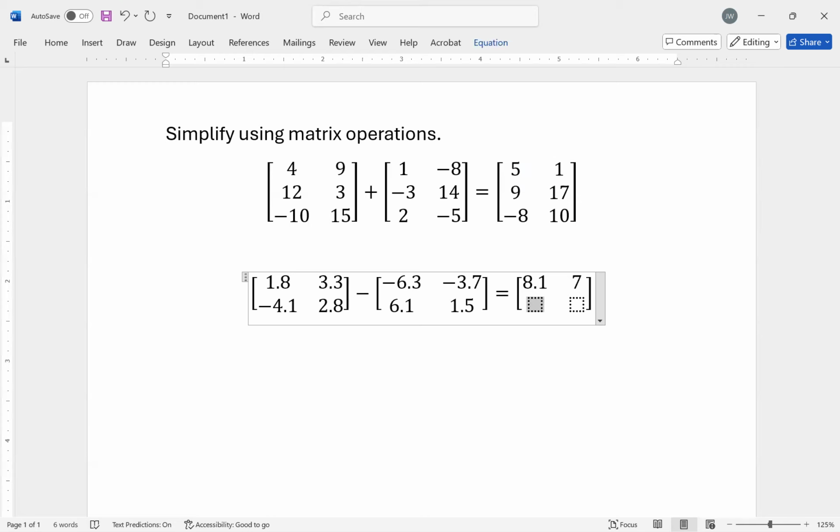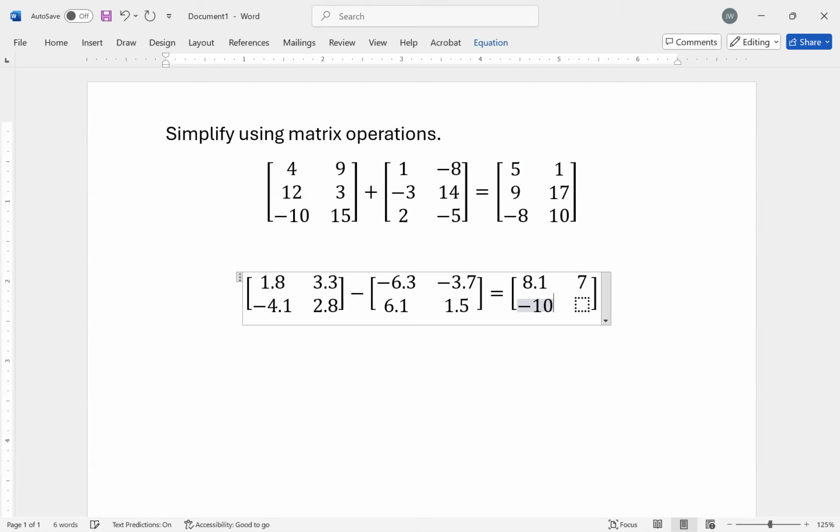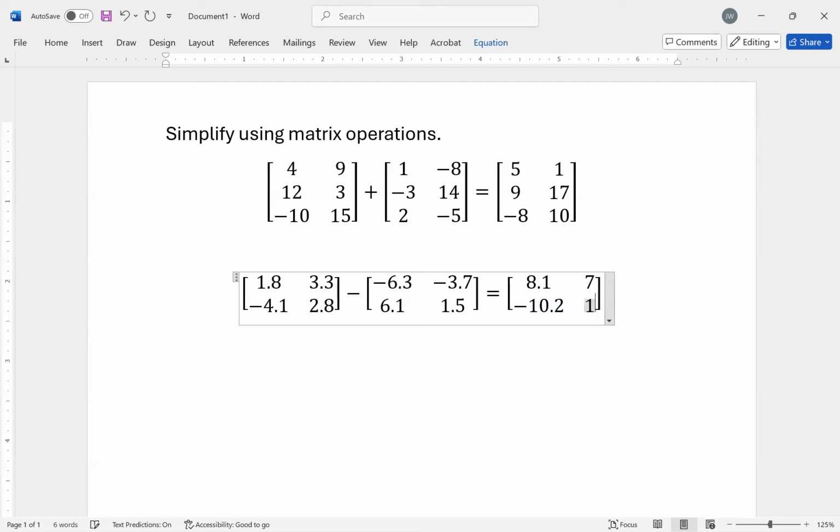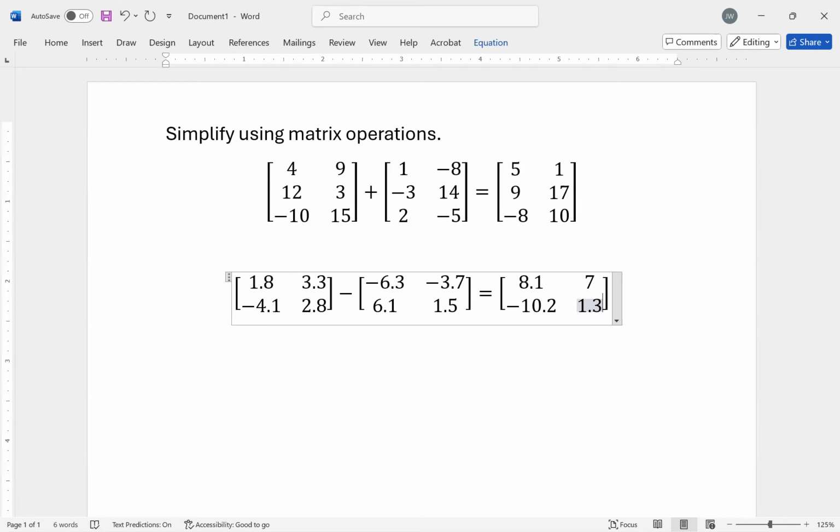Negative 4.1 minus 6.1 is negative 10.2. And 2.8 minus 1.5 gives me a positive 1.3. So I get this matrix. Now notice that in both cases, we're adding matrices of the same dimension and we get out an output matrix of that same dimension.